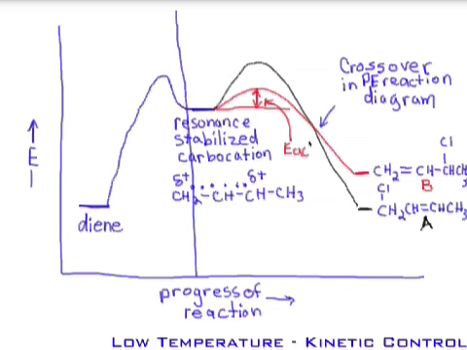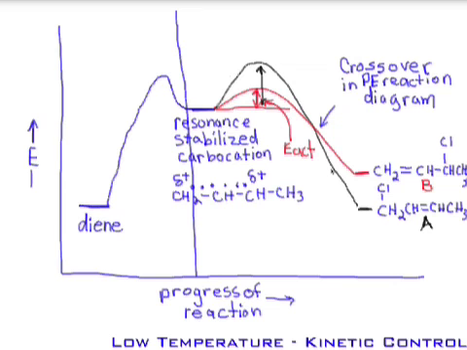Because its activation is so low, at low temperatures, it will be easier to get over this energy of activation than it will be able to get over the black line because it has a greater energy of activation. That energy of activation is larger. So at low temperatures, more molecules follow the red path than the black path, and B predominates.